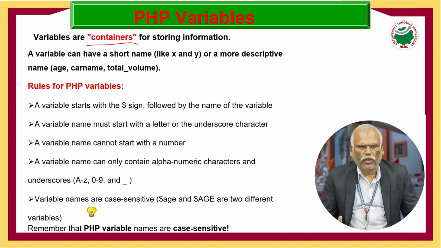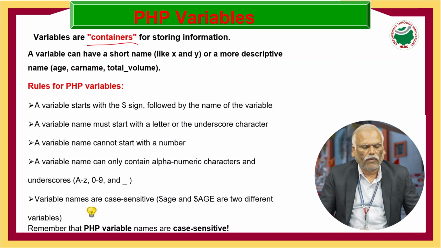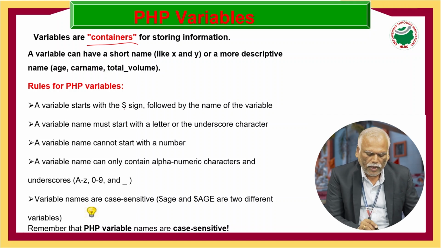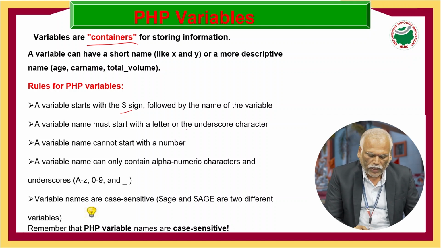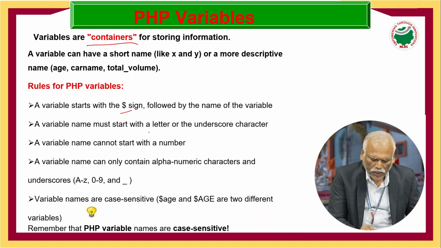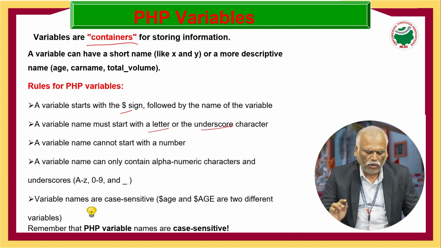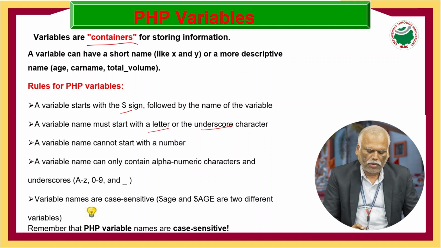So, rules for declaring PHP variables. These variables are declared and known as containers for the values to be stored. A variable must start with the dollar sign followed by the name of the variable. The variable name must start with a letter or the underscore character. Variable name cannot start with a number.